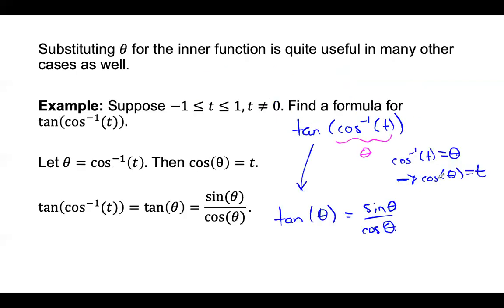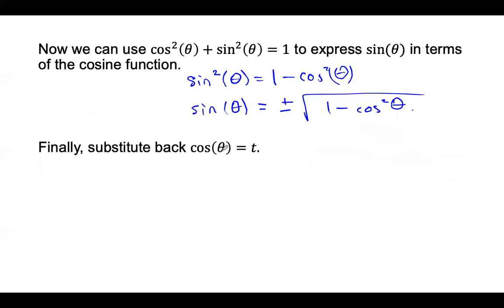Now from here, we said cos theta is equal to t. So this implies sine of theta is equal to plus or minus square root of 1 minus t squared.